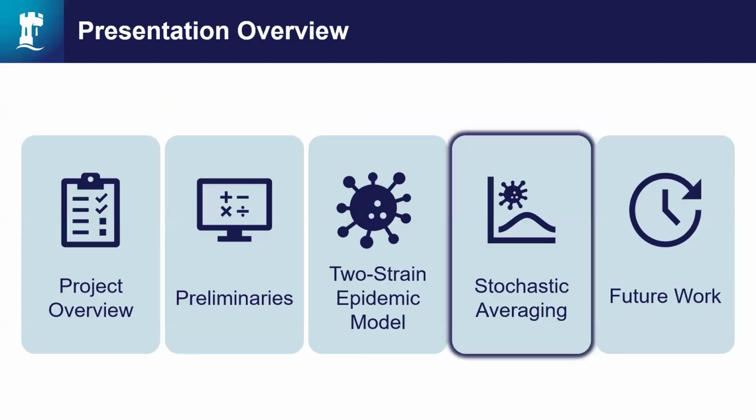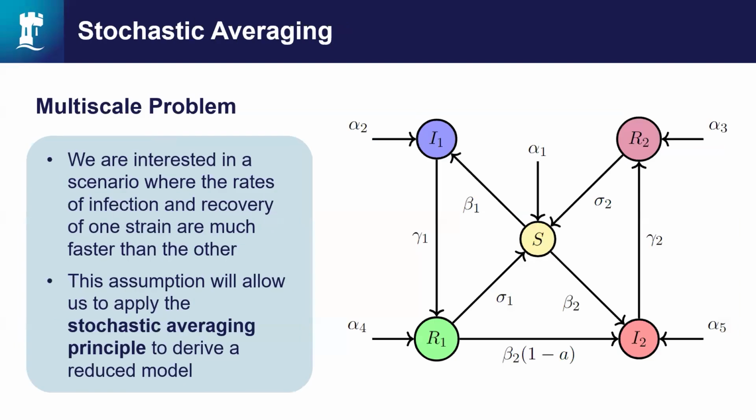Okay, so now I'm going to get into the genuinely heavy maths, so don't worry too much, just try and take in the broad strokes. So with this model reduction problem, something we're interested in is to look at a scenario where the rates of infection and recovery of one of the strains is considerably faster than the other.